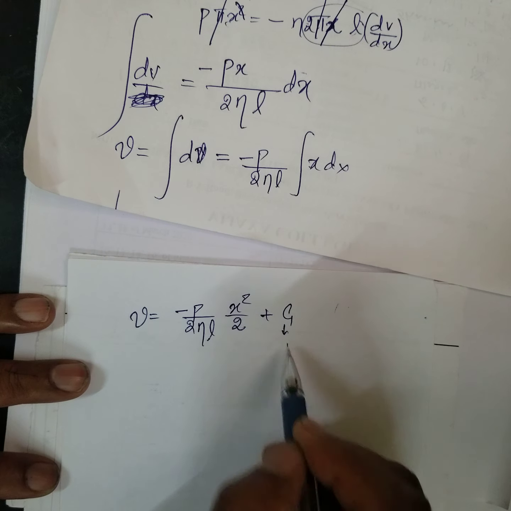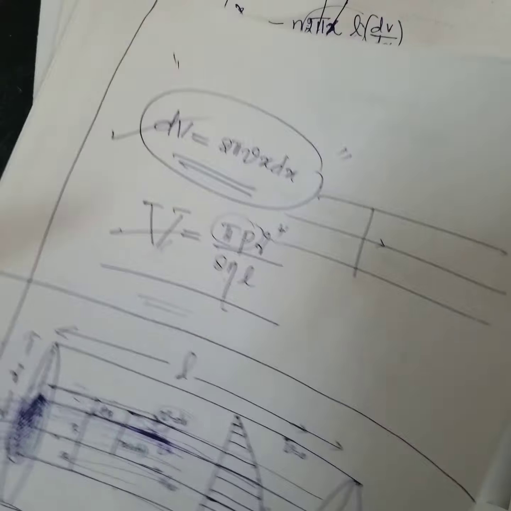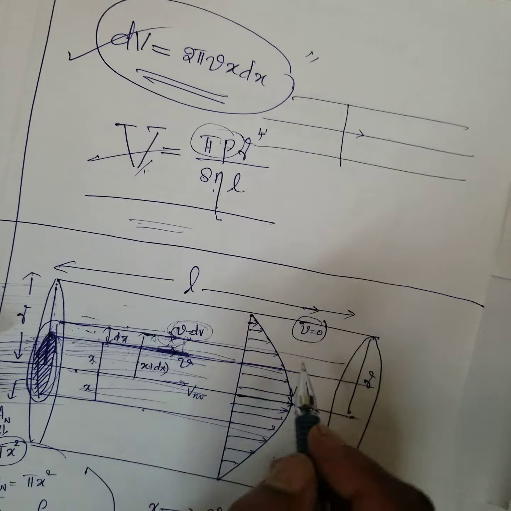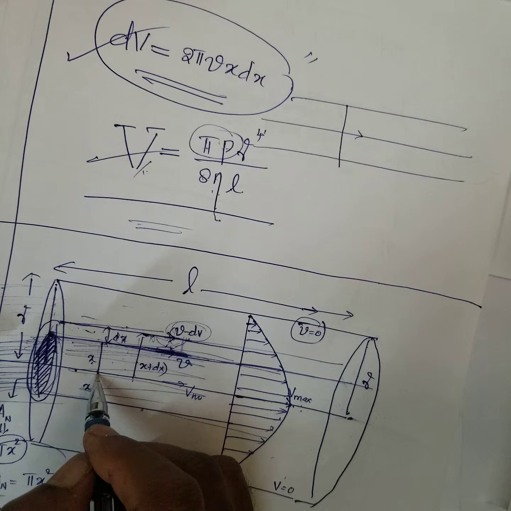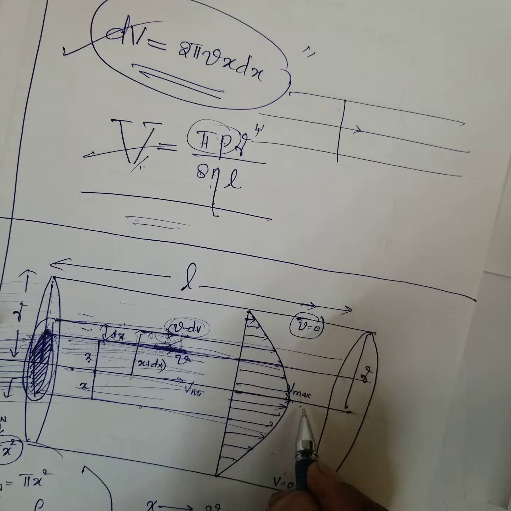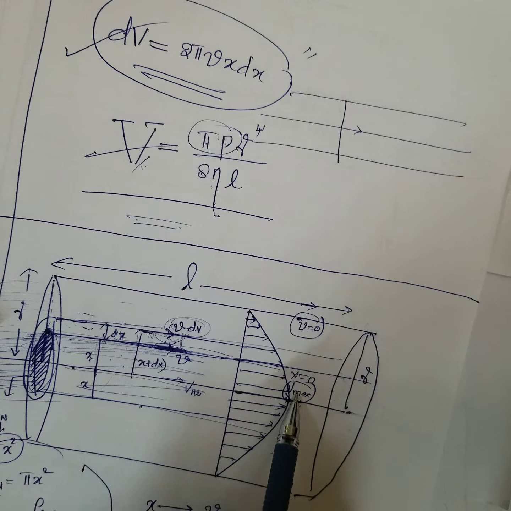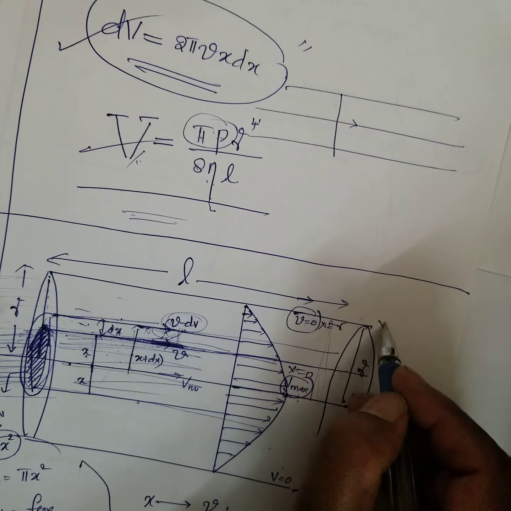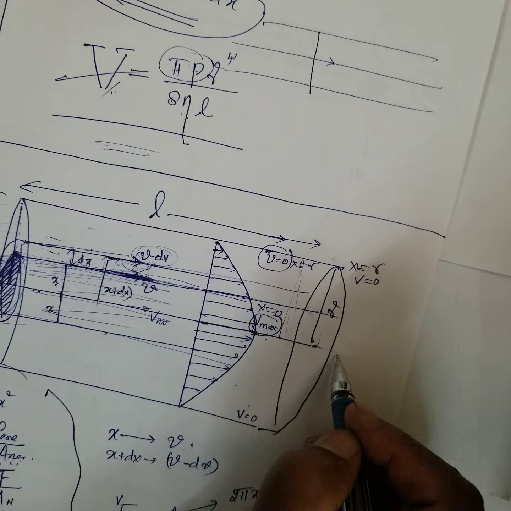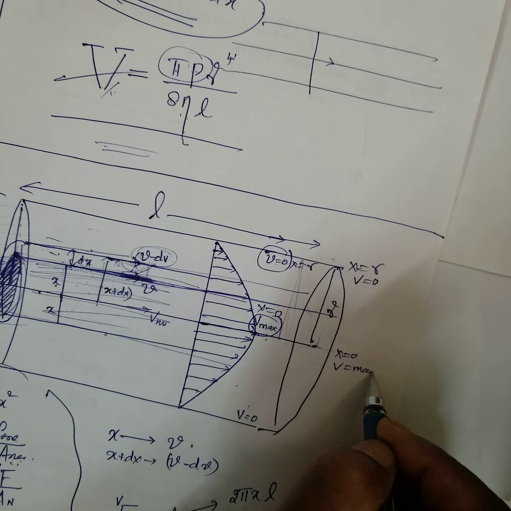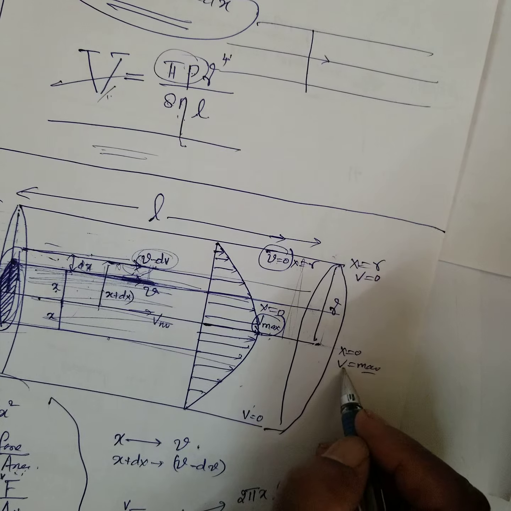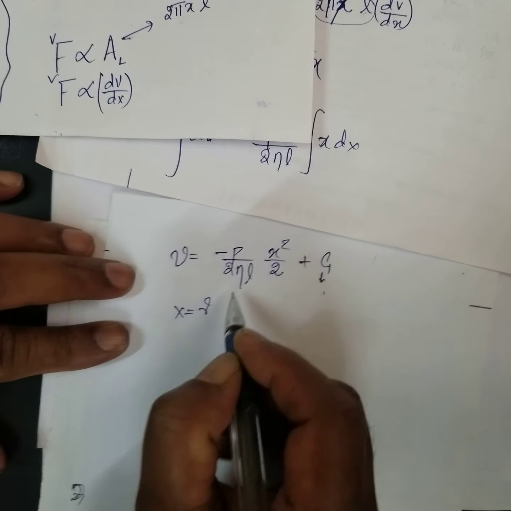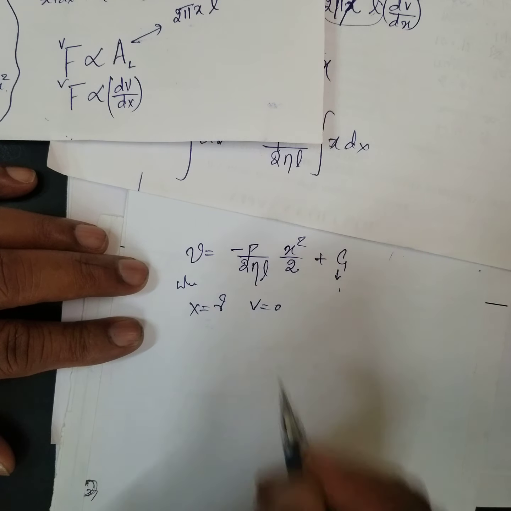Now, how to evaluate C1? Look here: when x equal to 0, velocity is maximum. When x equal to r, velocity is 0. Right? Therefore, what do I write? When x equal to r, velocity v is equal to 0.